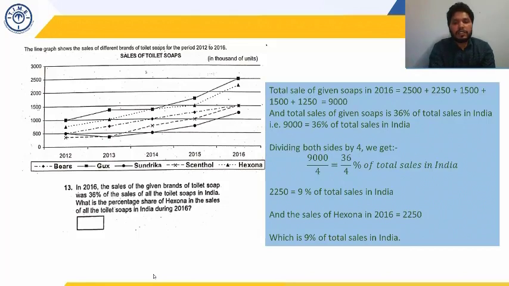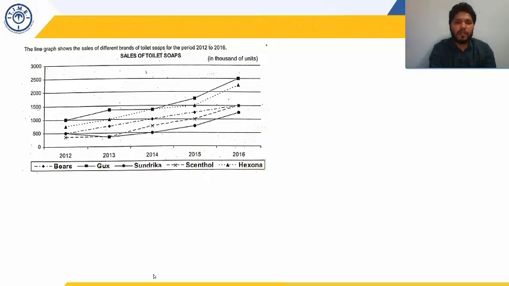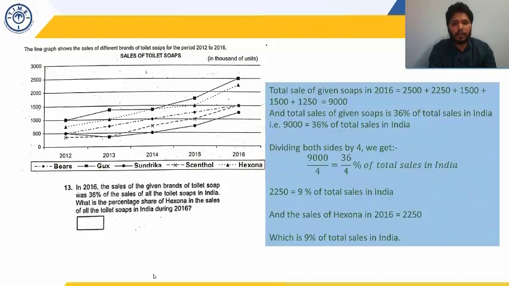So if 9000 is 36%, then 2250 is 9%. Dividing both sides by 4, we get the answer. The sales of Hexona in 2016 is 2250, so it is 9% of total sales in India. Okay, I hope it is clear to everyone.